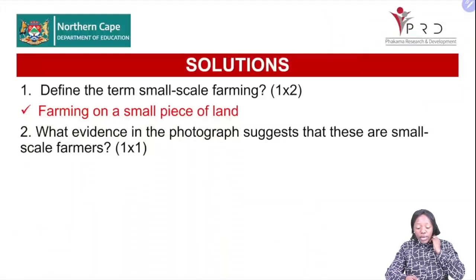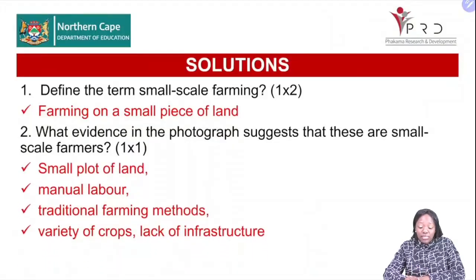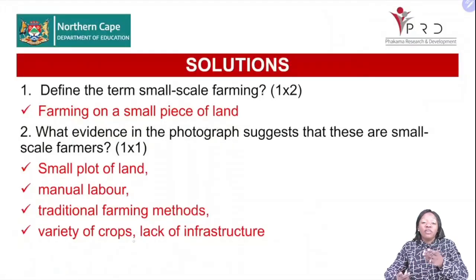Then we're looking at question number 2. What evidence in the photograph suggests that these are small-scale farmers? What we see is, number 1, a small plot of land. Secondly, we see manual labor, a traditional farming method, and a variety of crops, as well as the lack of infrastructure.